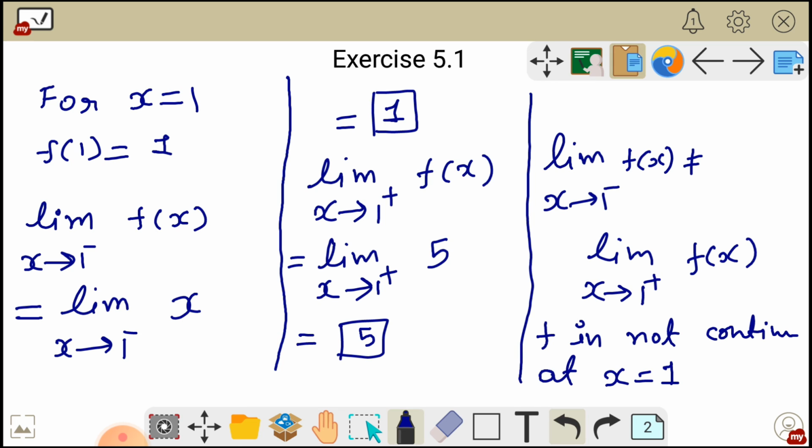From this we can also say that x is equal to 1 is the point of discontinuity.